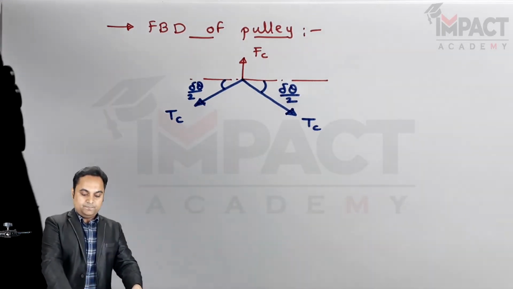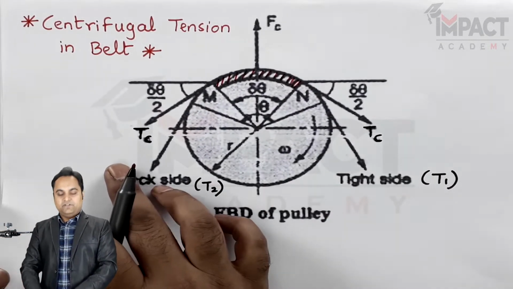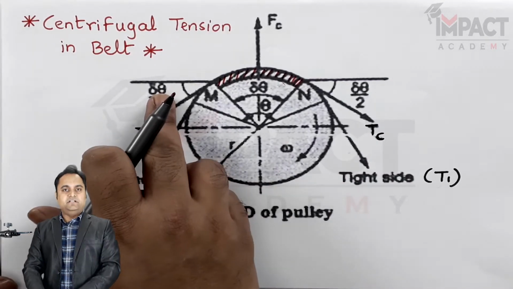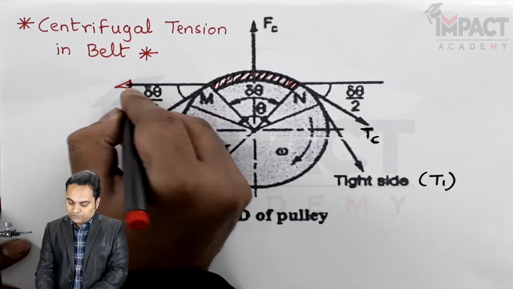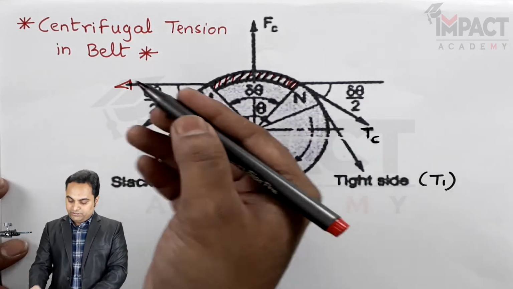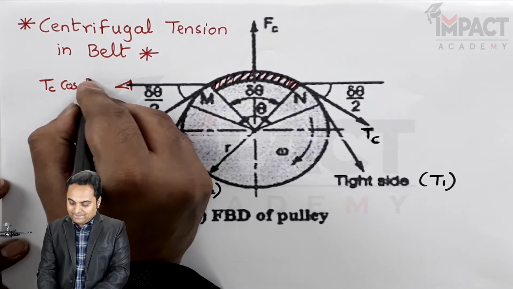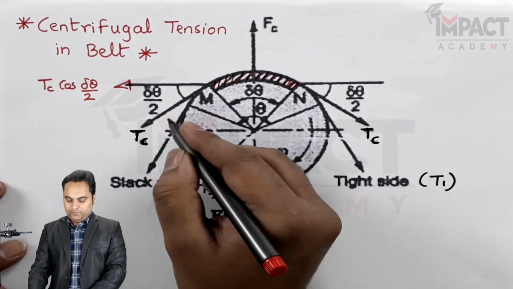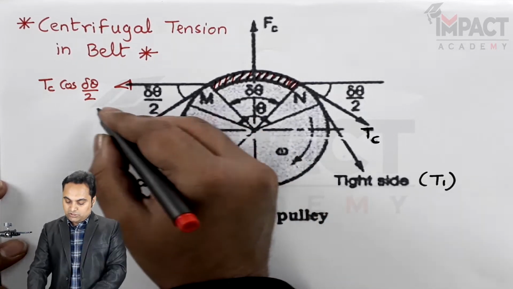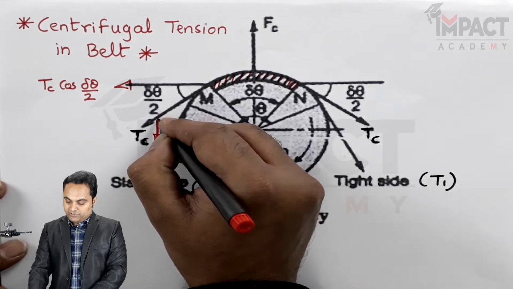Now these centrifugal tensions, as they are having angle delta theta by 2 with the horizontal, so it would be having two components. One is the horizontal component, which will be Tc cos delta theta by 2, and then there will be the vertical component, which would be Tc sine delta theta by 2.